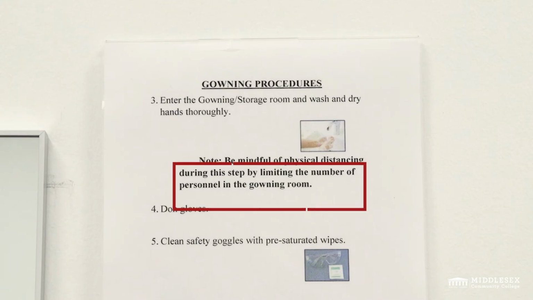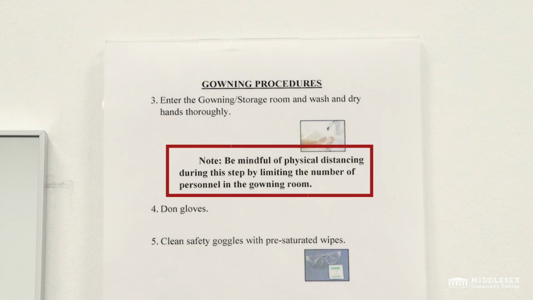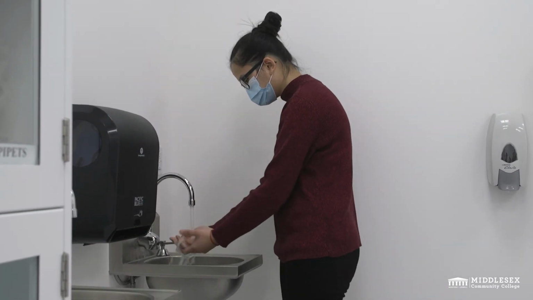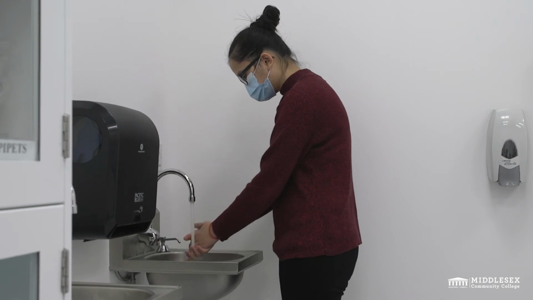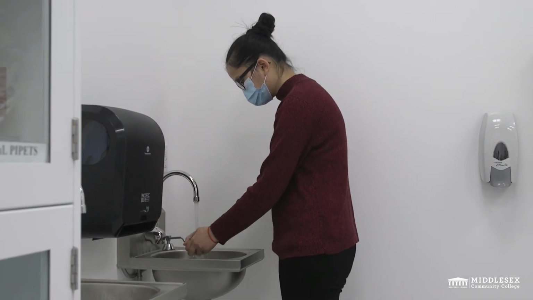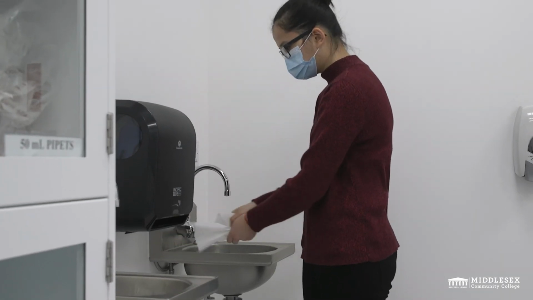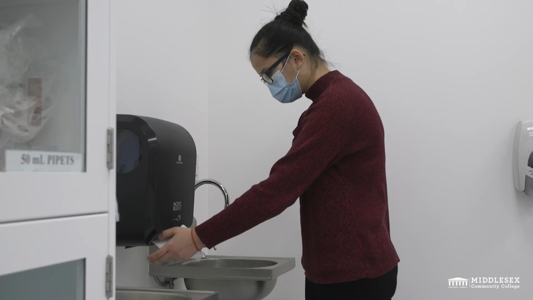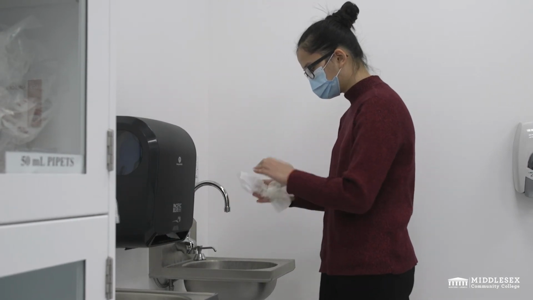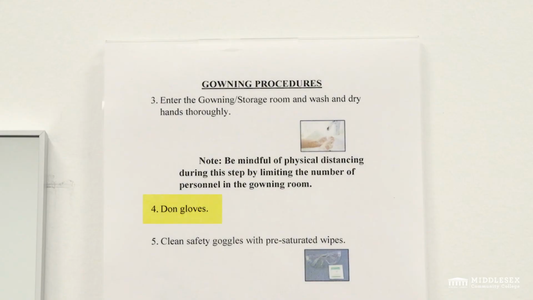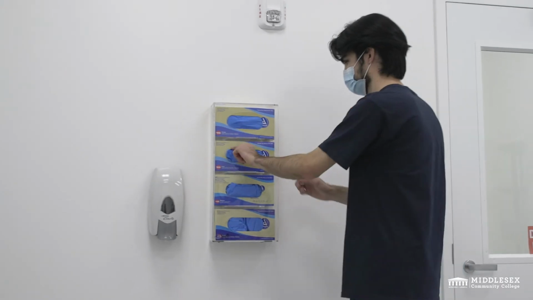You should also be mindful of physical distancing during this step by limiting the number of personnel in the gowning room due to COVID restrictions. Step 4 requires you to don gloves.